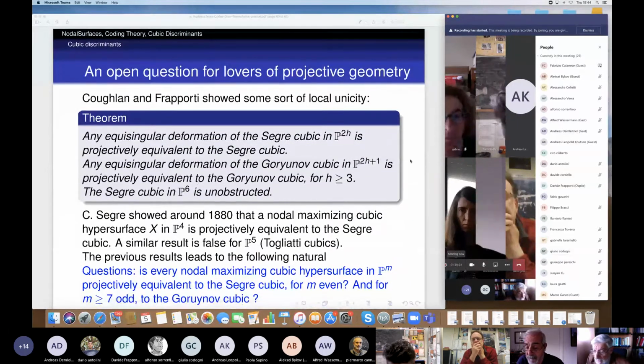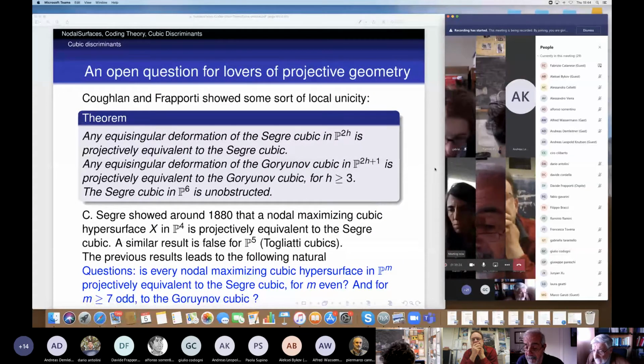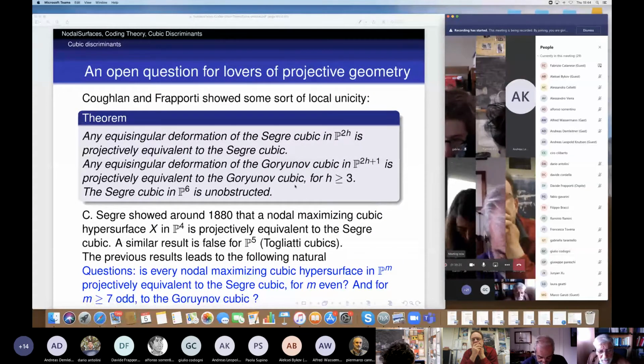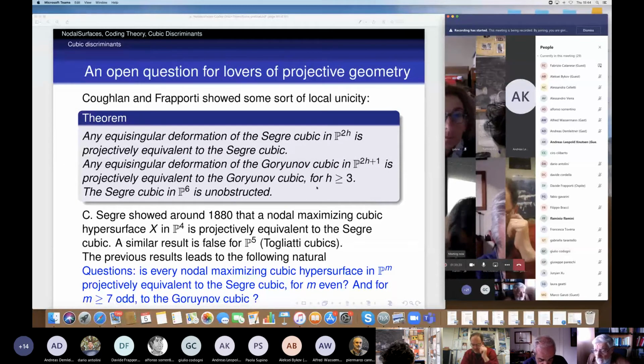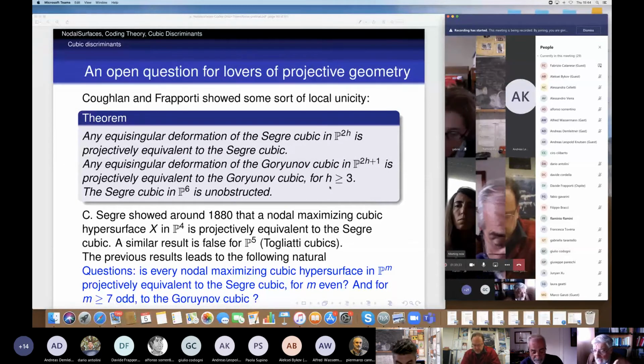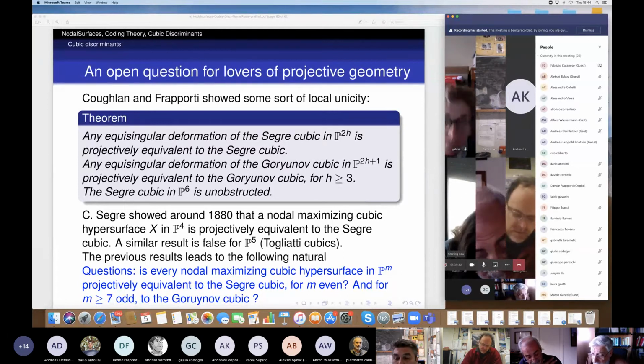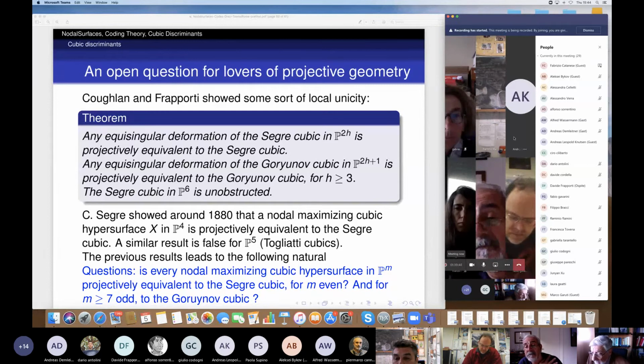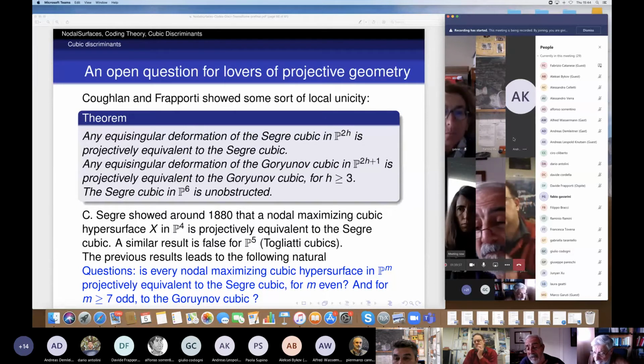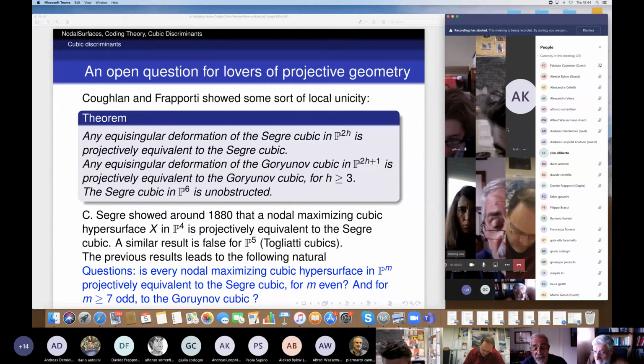So to answer your question, we understand in some way the sextic with 65 nodes, but somehow we are reducing them to cubic hypersurfaces with 31 nodes in P6. We can look at them around the Segre cubic, but in general, we would need some statement about deformations. Okay, thanks. More questions?